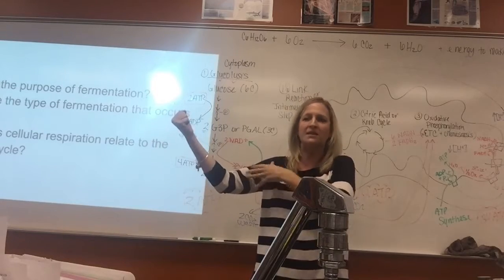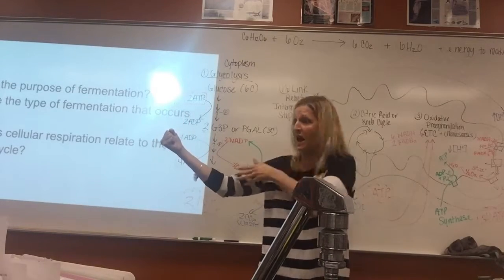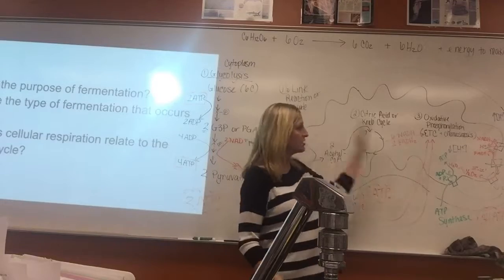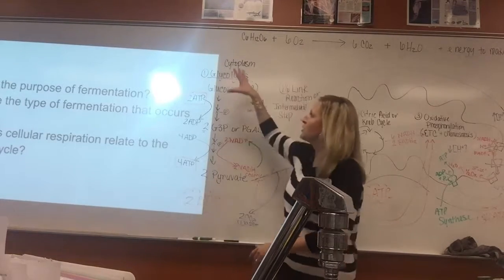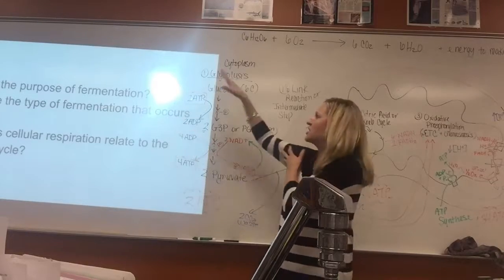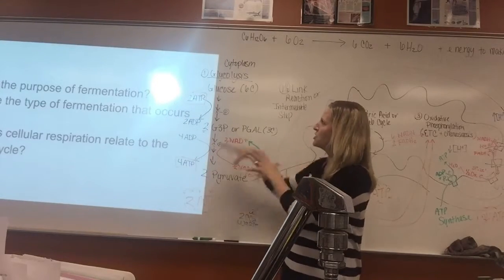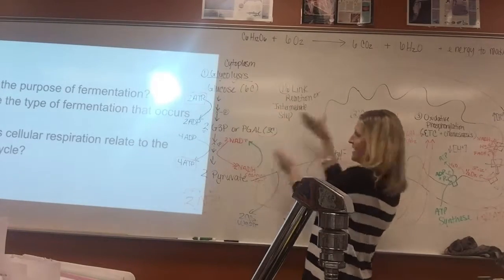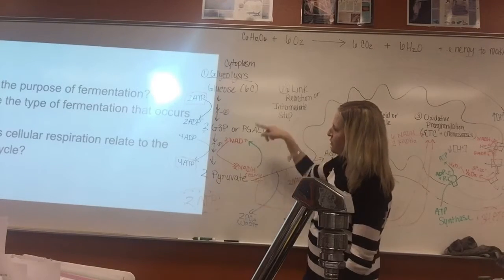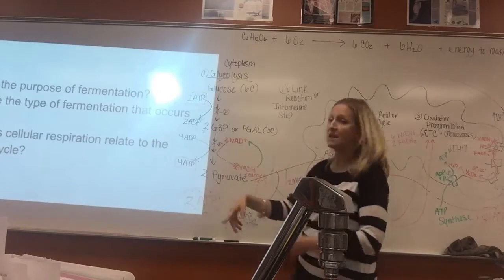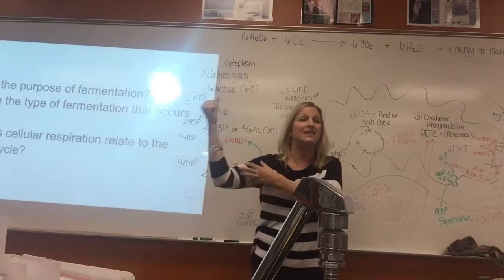But the oxygen's getting there, but not enough oxygen is getting there. And so I can't breathe fast enough to get oxygen into the cells to do cellular respiration at the fast rate that I'm using it. So when you're not getting enough oxygen, your muscle cells convert to doing just glycolysis because they can't do the rest of cellular respiration. And so then it starts doing fermentation to regenerate that NAD+. The byproduct of that is lactic acid.